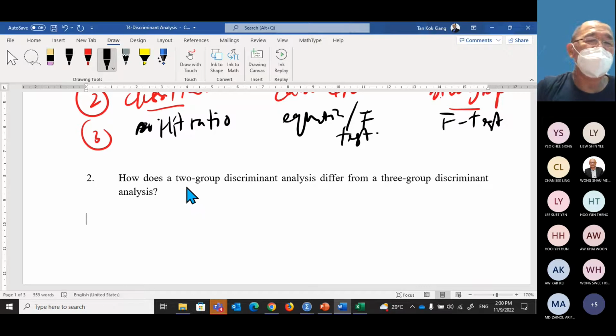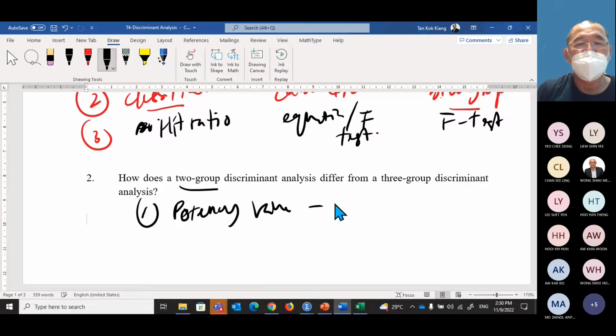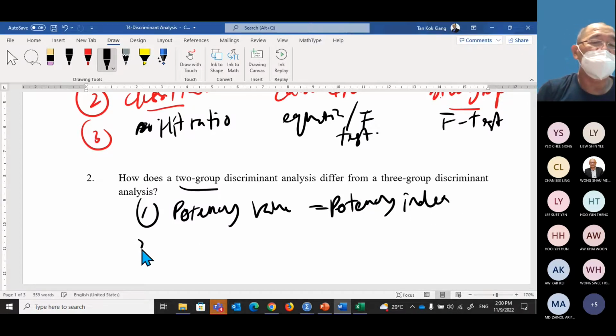Two groups can be extreme or non-extreme. The first difference is that in the two group case, the potency value is already the potency index.